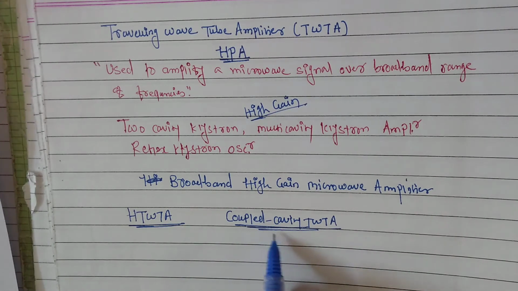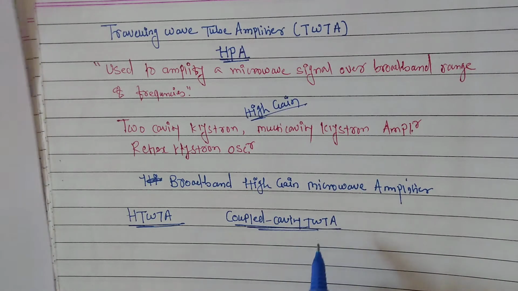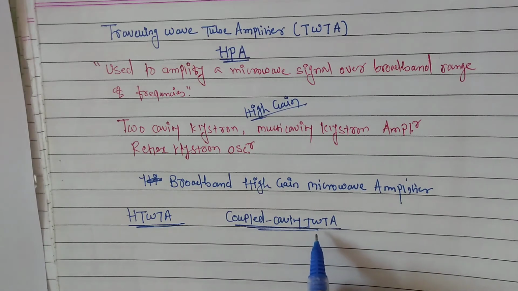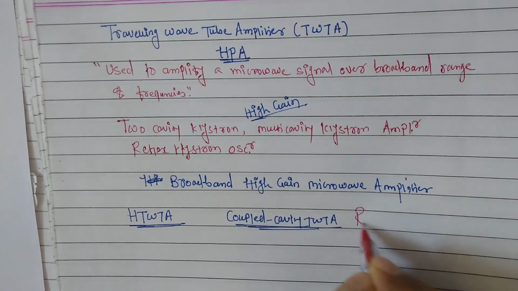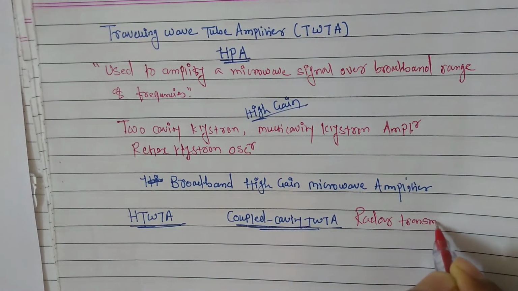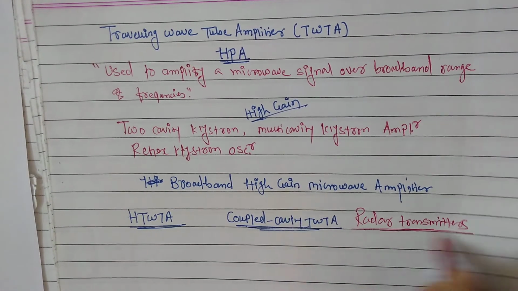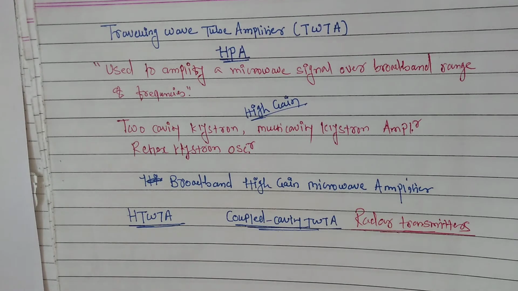That is why it is named the coupled cavity traveling wave tube amplifier. Because of that, a very high average output power can be amplified with this structure, and they are very useful in radar transmitters, because in radars we require a very high amount of power, which can be provided by the coupled cavity traveling wave tube amplifier.